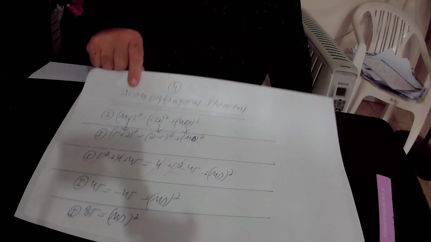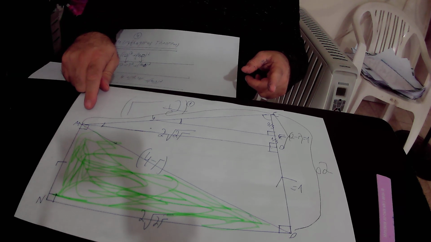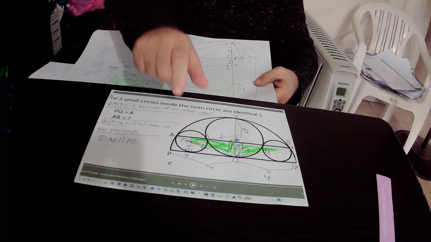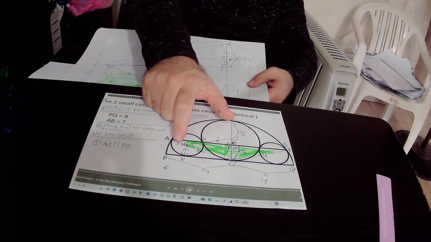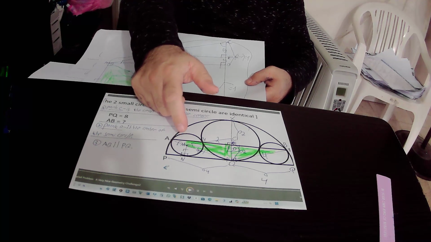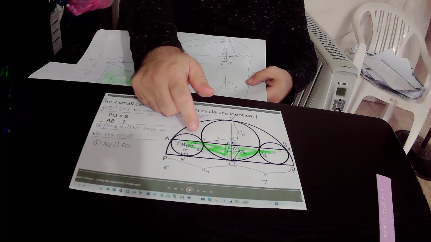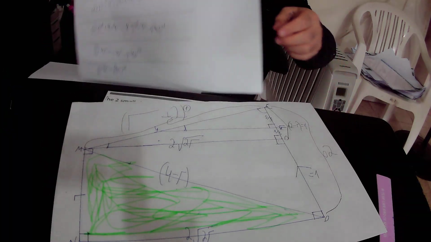MC is actually the distance between the two centers. The distance between the centers of the small circle and the middle circle is the sum of their radii. That is to say it equals R plus 2. So CM equals R plus 2.